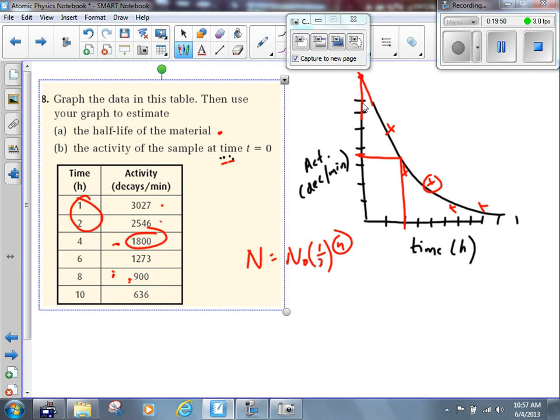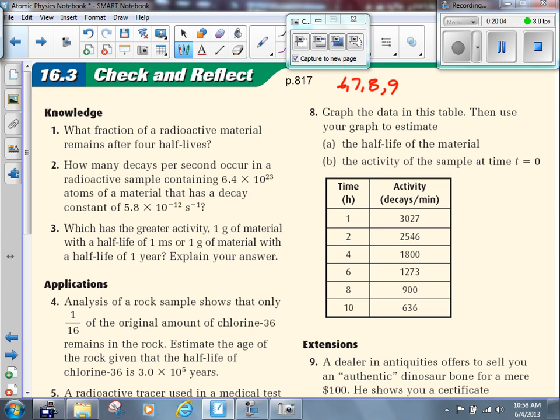So it's always better if you have a graph to use the graph because it kind of accommodates for slight errors in measurement, even if sometimes they're not always there. They won't make you graph on the diploma because it's multiple choice and numeric response, right? But they will make you interpret a graph.